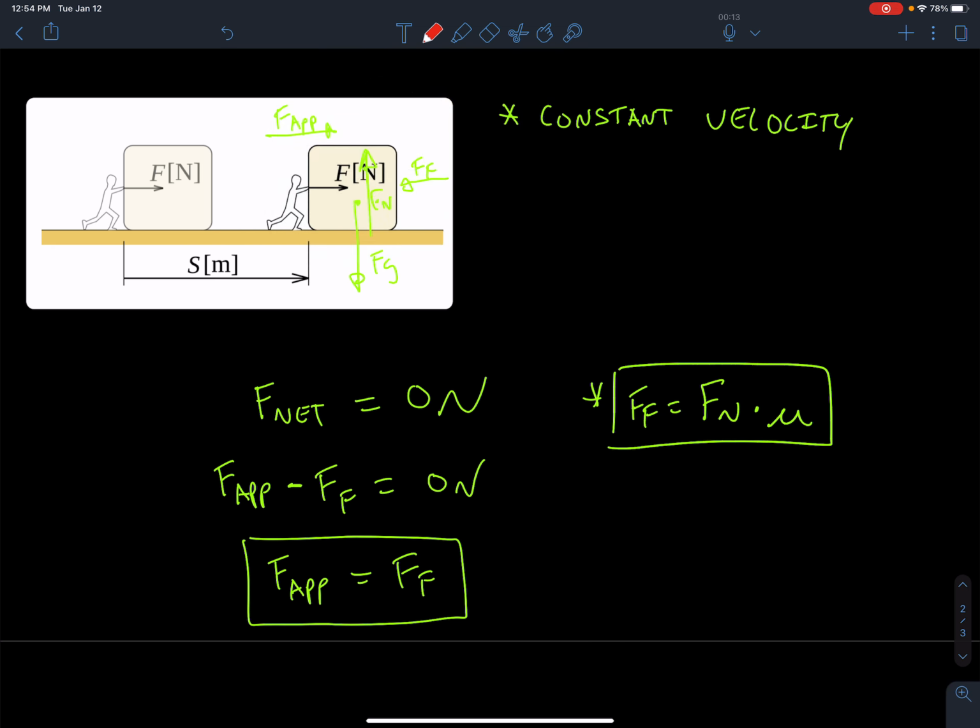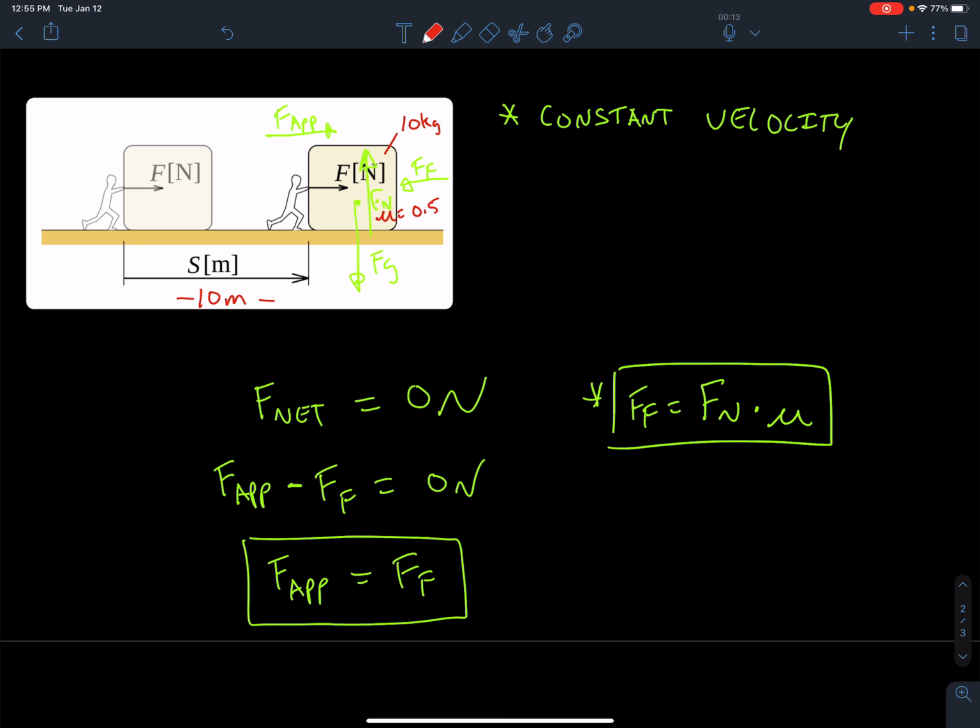Okay, let's assume that the mass of the object is 10 kilograms. Let's assume that the friction coefficient is equal to 0.5. Okay, he's pushing so that it's going at a constant velocity, and the distance that he pushes this is 10 meters.